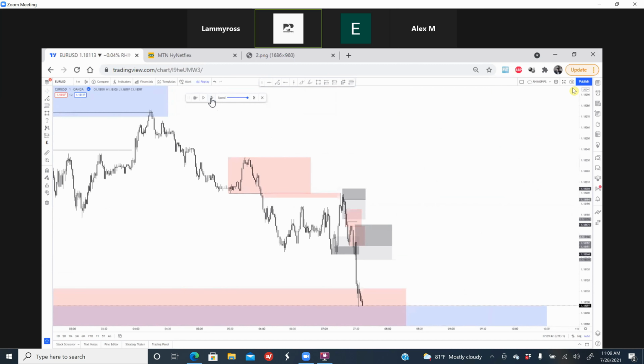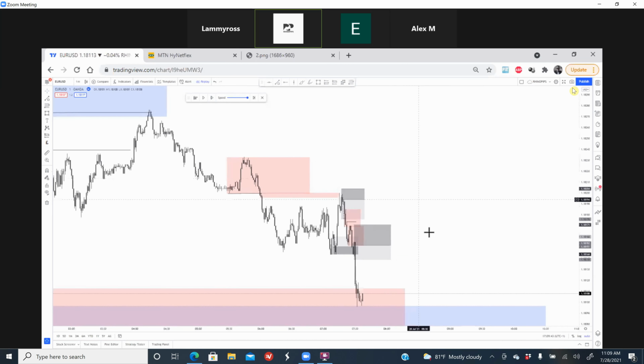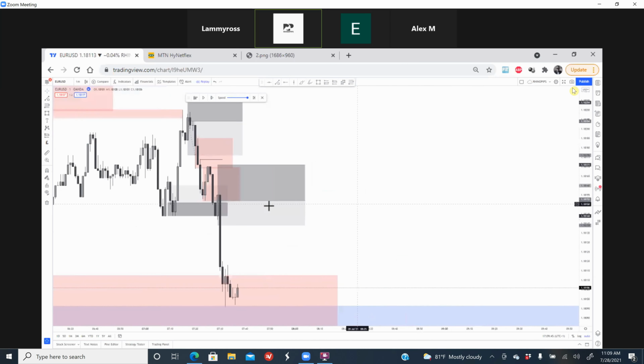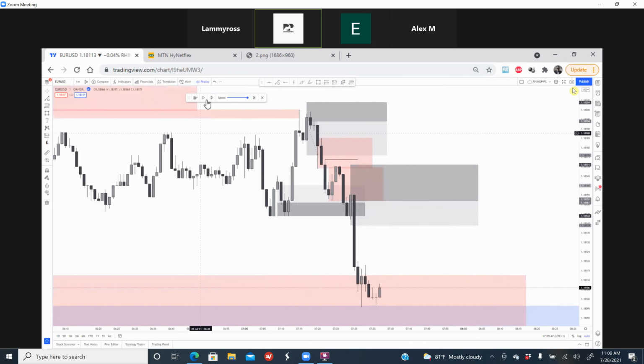Look at the way it's behaving within that range. In fact, it's rejecting the low, because when this happens, I want to use my line there to see if that low is going to be taken out. If I see it get taken out, then I will wait for mitigation like this.